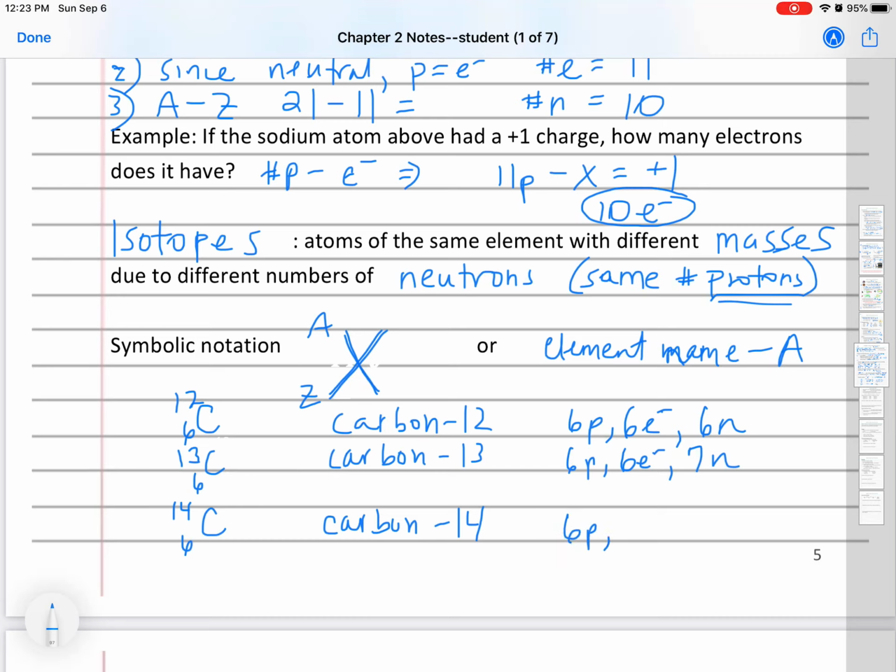And likewise, carbon 14 has 6 protons and 6 electrons, but the different thing about it is that it has 8 neutrons, because 8 plus 6 equals 14 for that mass number. Okay, so these are isotopes, like different flavors of the same element.